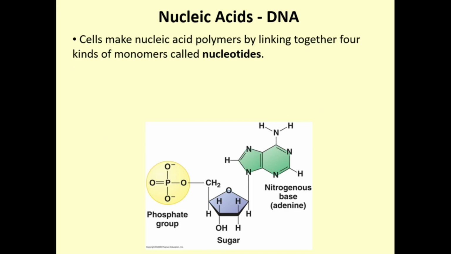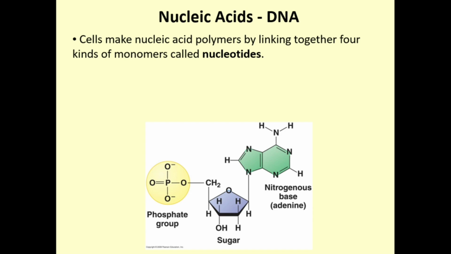So let's talk about the structure of our nucleic acids then. I'm going to start off by focusing on DNA, and then we'll move on to RNA in a little bit. Cells make nucleic acid polymers, which is just another way of saying DNA and RNA.